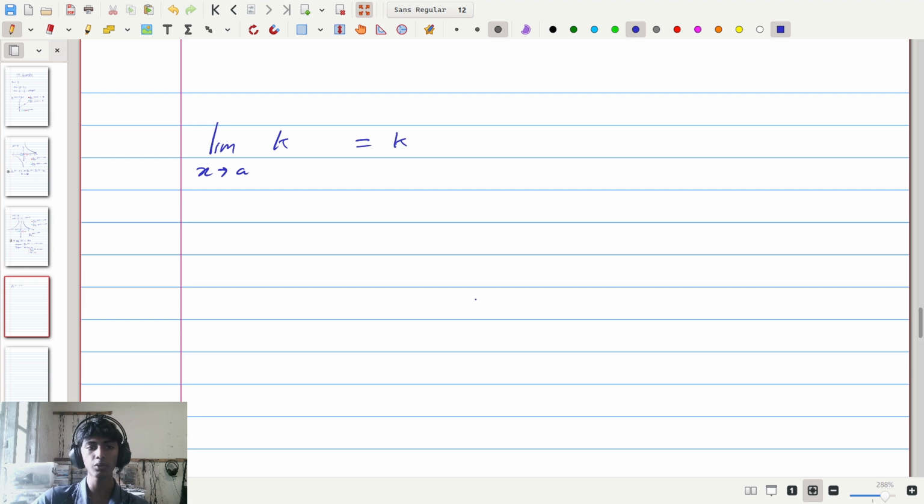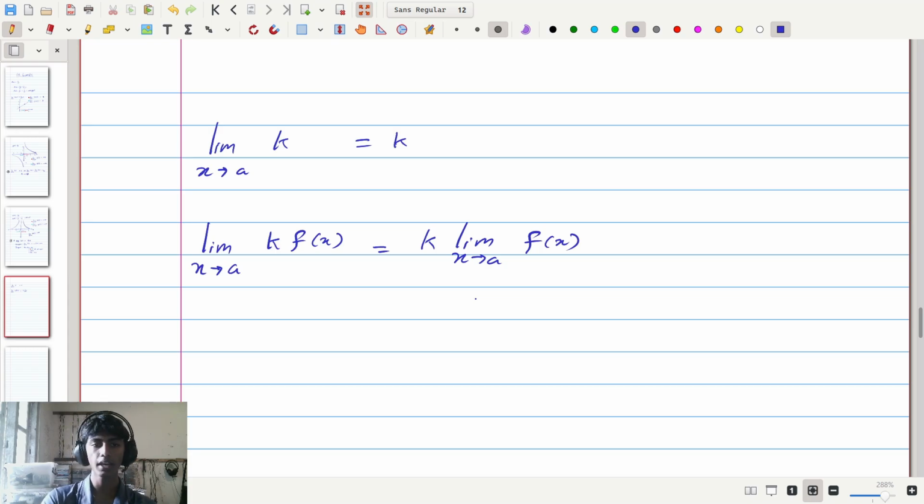A similar rule is that if we have the limit as x approaches a of a constant k times a function f(x), we can take the constant out of the limit and say this is k times the limit as x approaches a of f(x). Again, we can simply take this out. If you really want the logic of this, it's because here we just have a multiplication of a certain value.